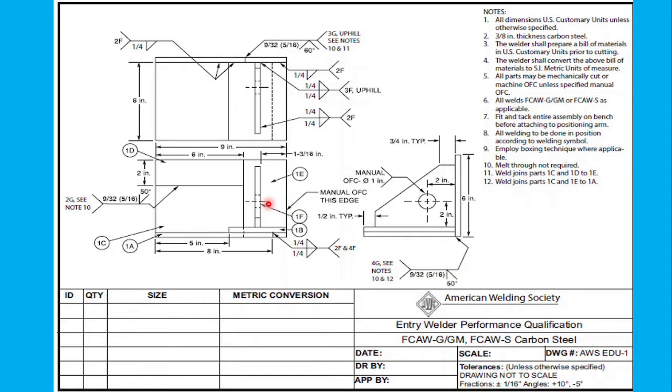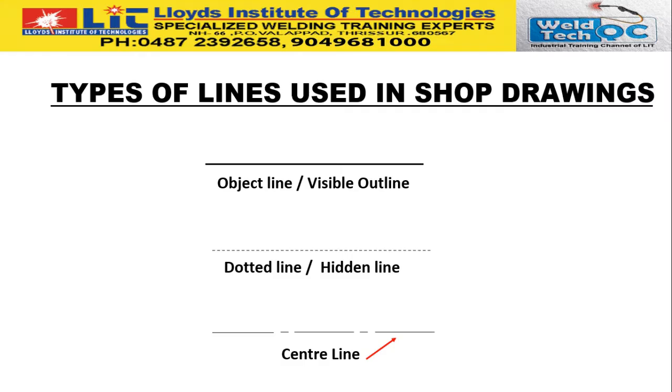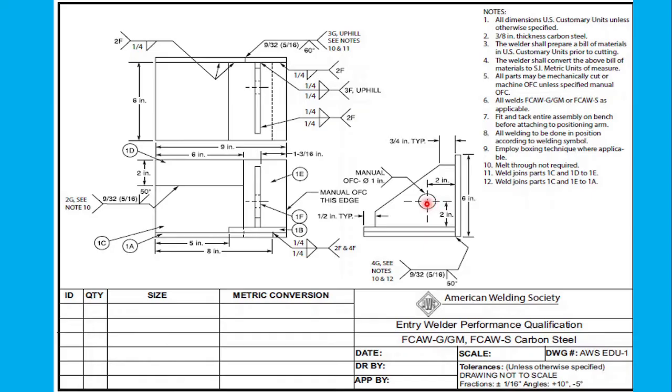The center line shows the center of a round or a cylindrical shape. The line is shown using a thin line with alternating long and short dashes, a long dash and a short dash. Each denotes the center line.